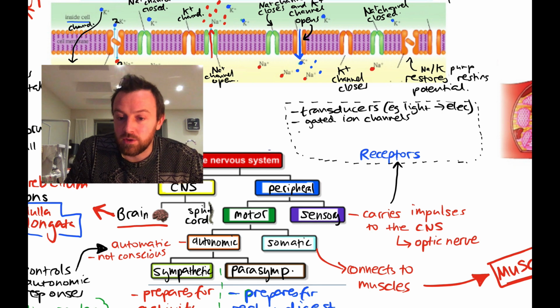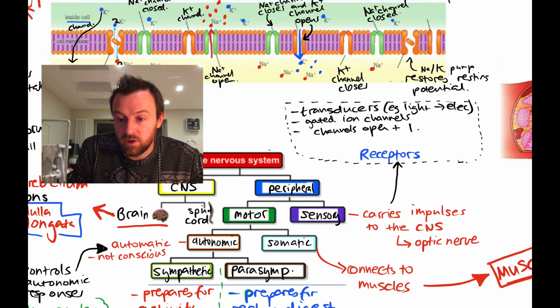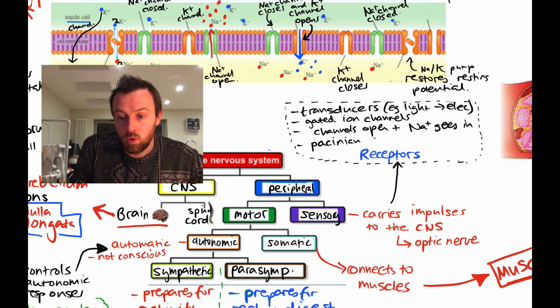So gated ion channels, let's say channels open, plus sodium goes in. And this is a common mechanism. And the one that you really need to know about is this one, Pacinian corpuscle, detects pressure.